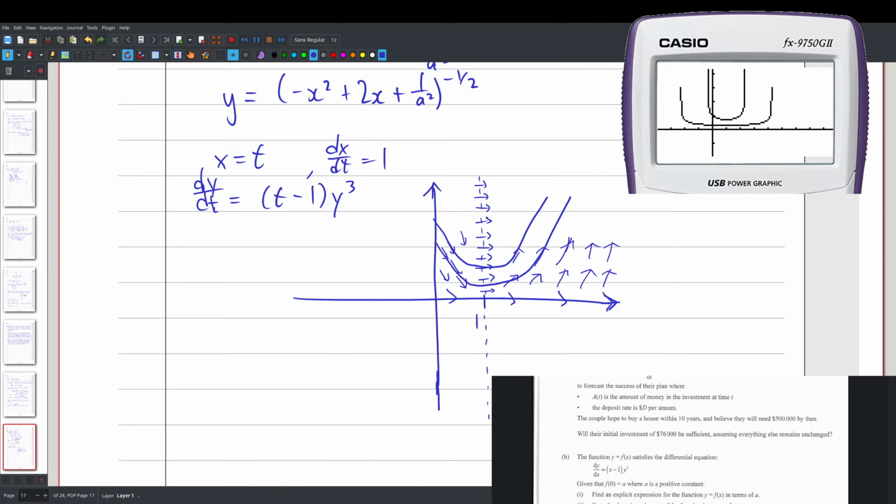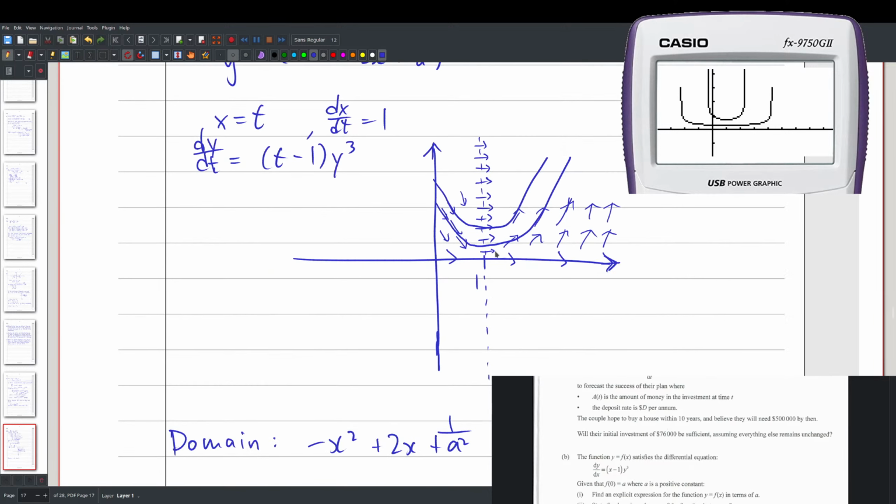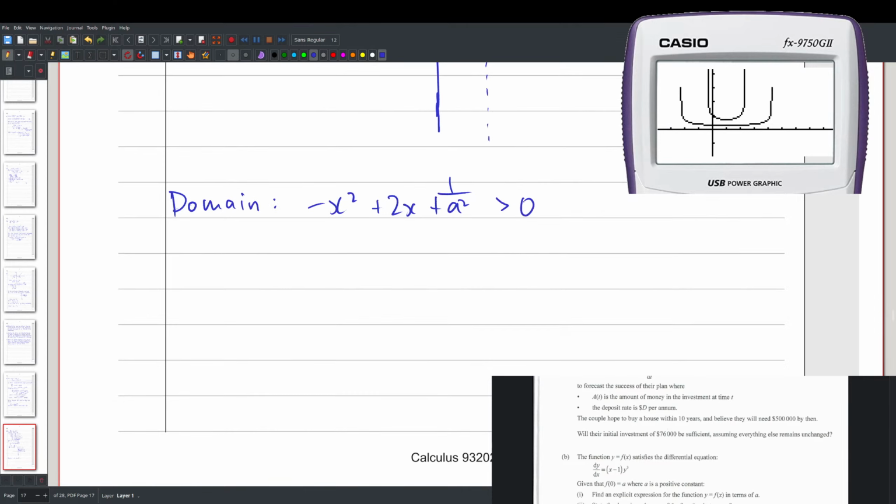The domain is when negative x squared plus 2x plus 1 on a squared is bigger than 0, which means, okay, so you draw the parabola here. It's like this, right?